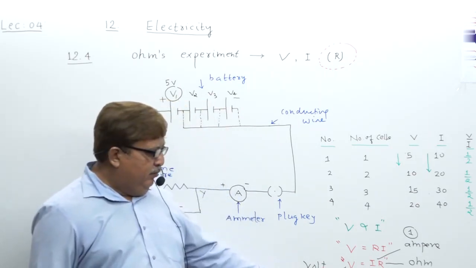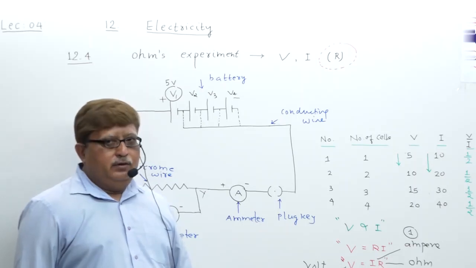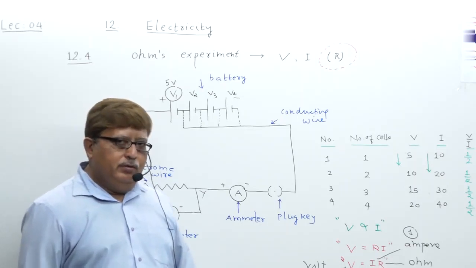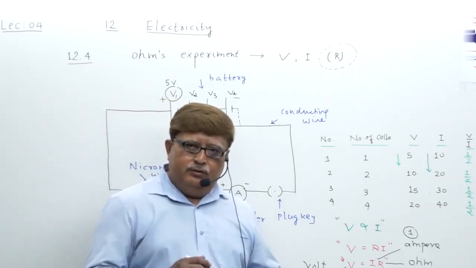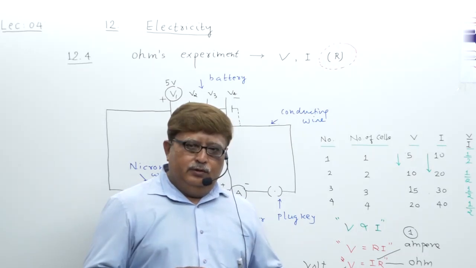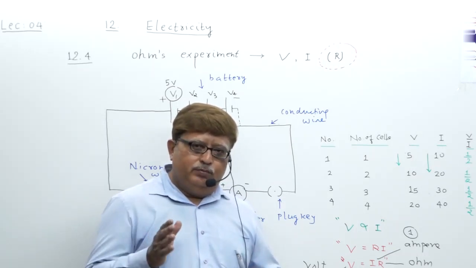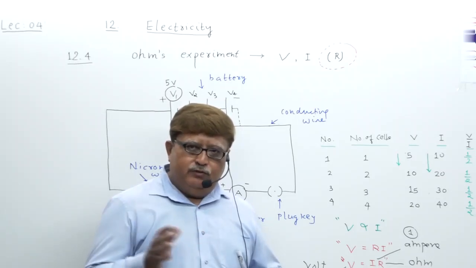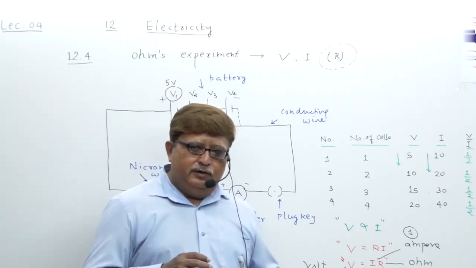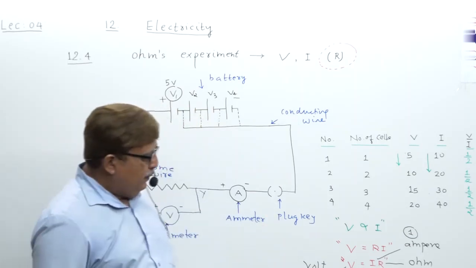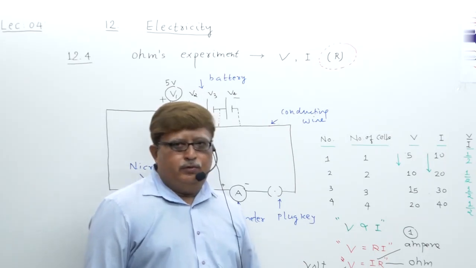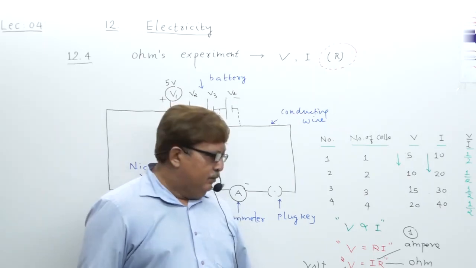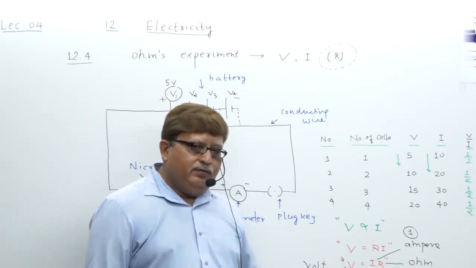If you can remember 1 volt, V equal to W upon Q. If 1 joule of work is done to bring a unit positive charge, means 1 coulomb charge, from one point to another point in the electric field, then the potential difference between those 2 points is called 1 volt. So now only one definition is left.